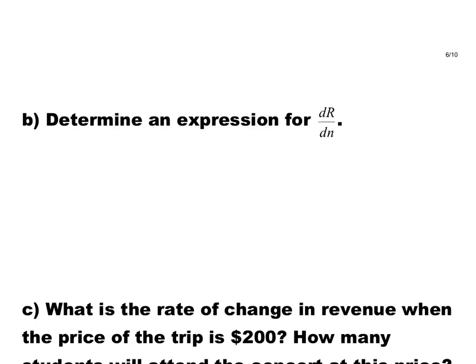The next part of the question says determine an expression for dR over dn. n here is the number of increases, which in our case we said is x. So dR over dx. We have to find the derivative of our revenue function with respect to x.